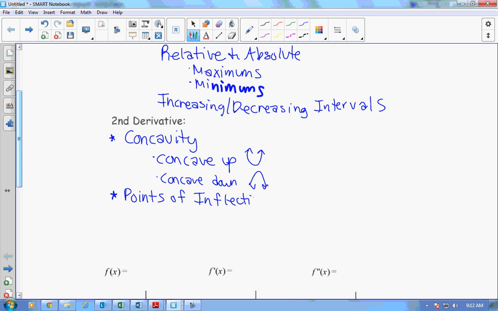Sometimes you see it as POI, P and I capitalized because those are the important words, O not so capitalized. And that tells us where the original function changes concavity.